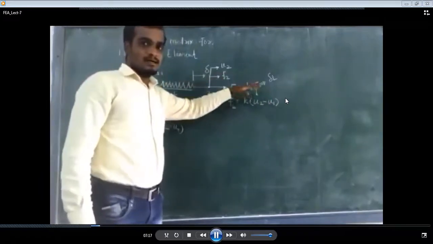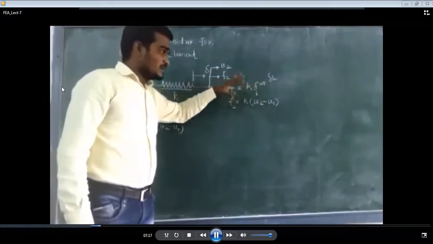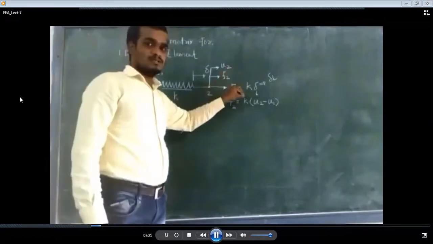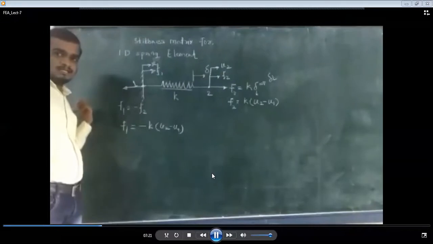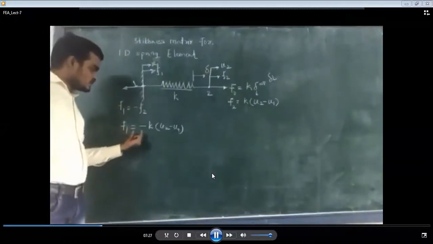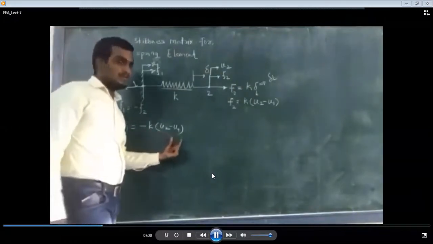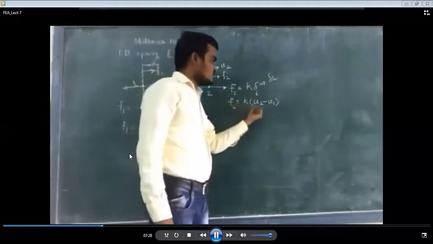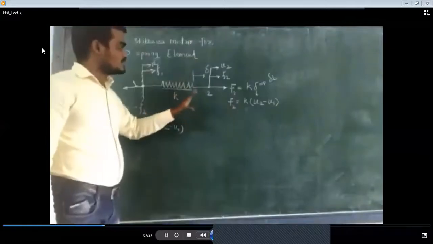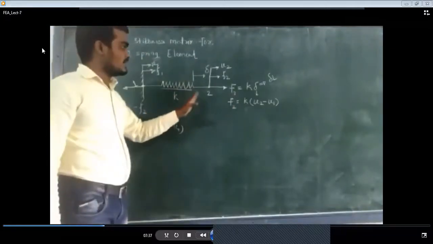Okay, so see this. Actually, this is the simplification of these two equations. So see how I have simplified these two equations.